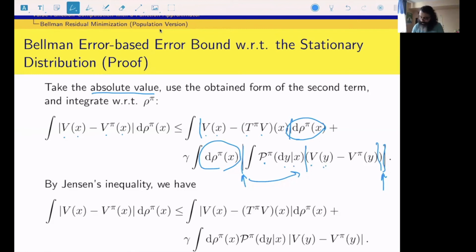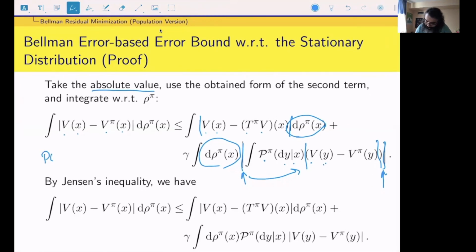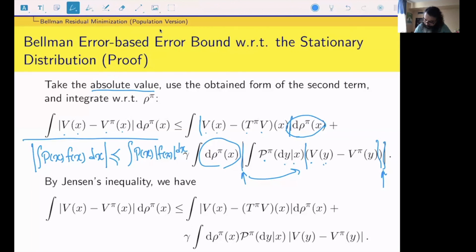Maybe a simple, intuitive case would be, say, if I have a distribution p of x and f of x, just anything, the absolute value of its integral is smaller than the integral of p of x times the absolute value of f of x dx. So what I'm doing here is essentially that.